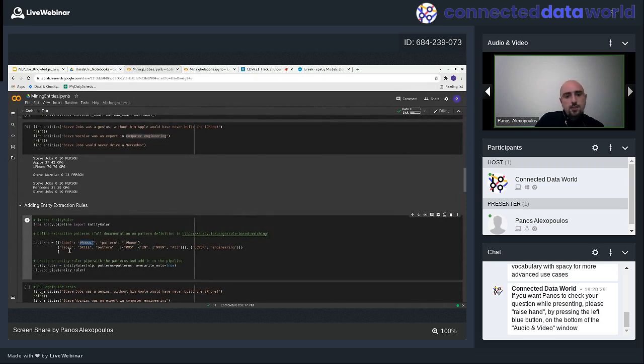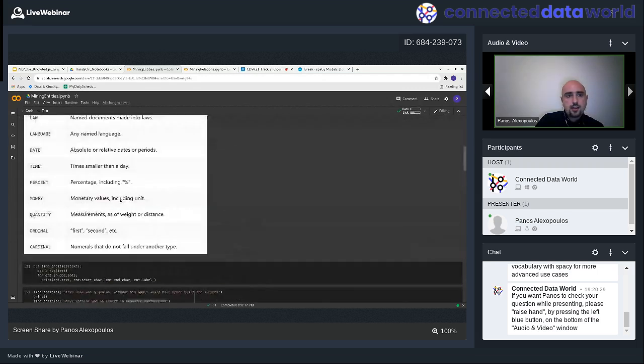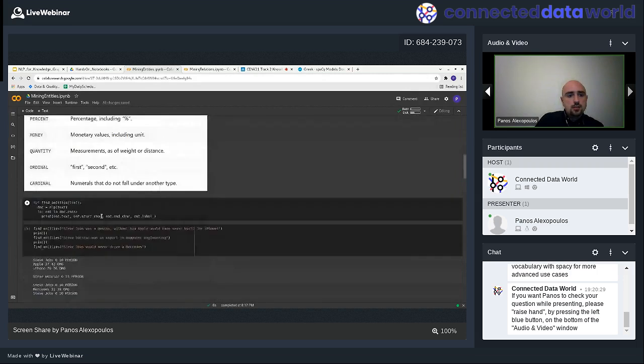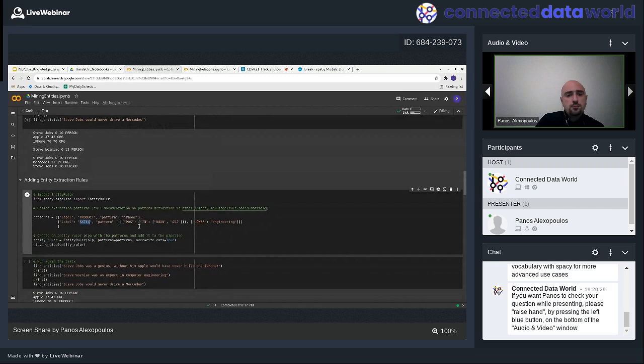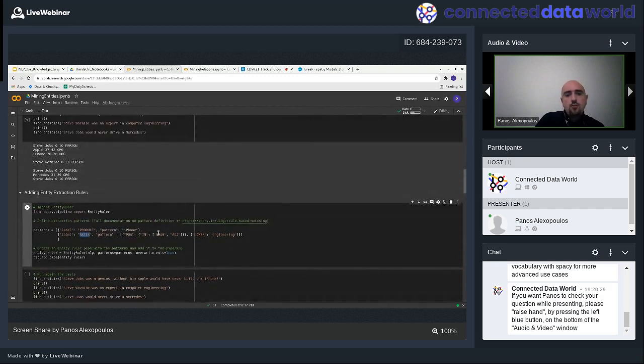The second rule is about introducing a new type of entity, which is called skill. And as you saw up here, it's not supported by the pre-trained model. And it's a very simple rule. It says that if there is a term whose part of speech is a noun or adjective, and it is followed by the word engineering, then it should be interpreted as a skill.